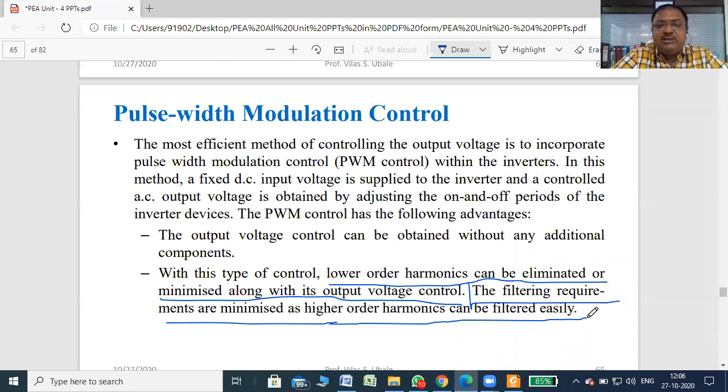In this particular technique, these higher order harmonic components automatically decrease, and lower harmonics may be eliminated or sometimes minimized. Actually, practically it is not eliminated, but definitely the lower harmonic components are minimized with this technique, and higher order harmonic components are easily filtered with the help of filter circuits. So that is the advantage of pulse width modulation control.